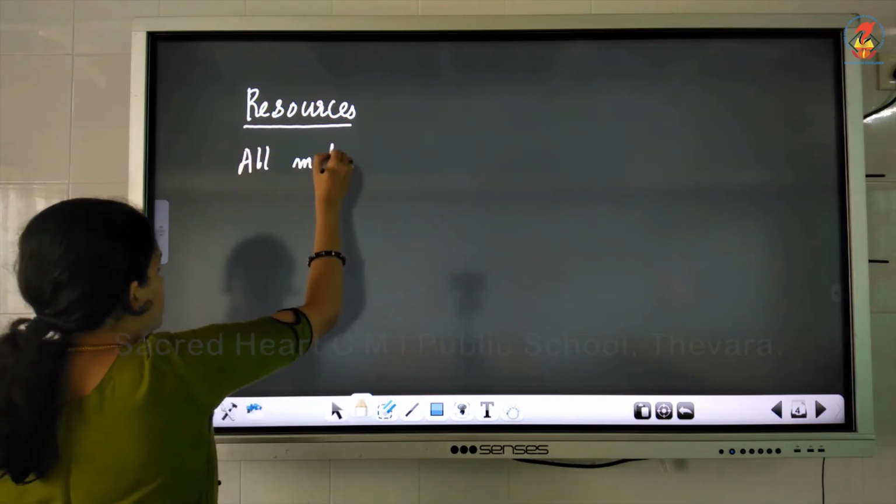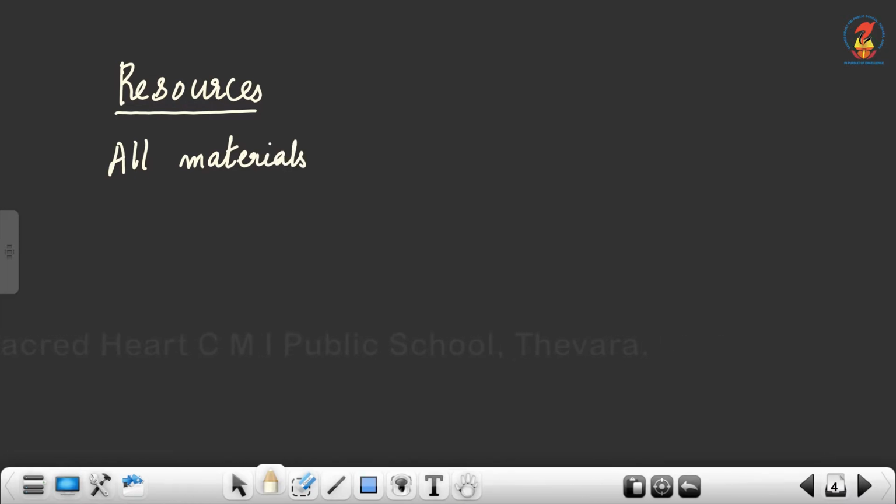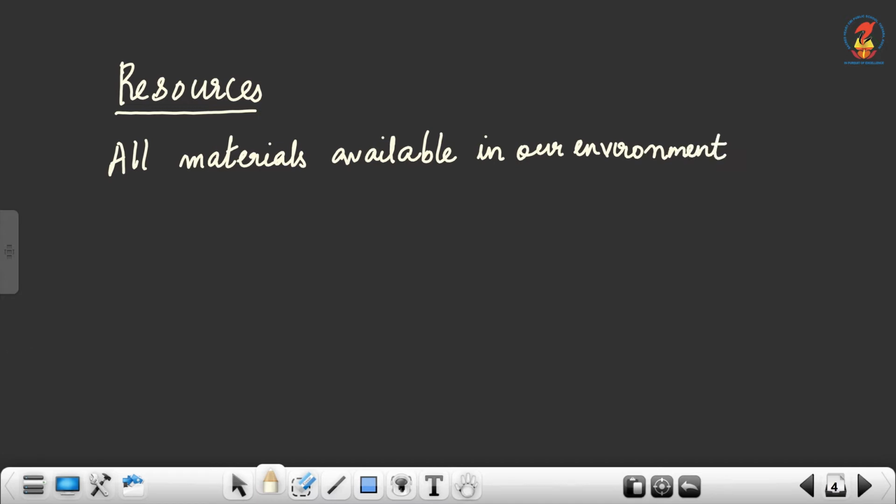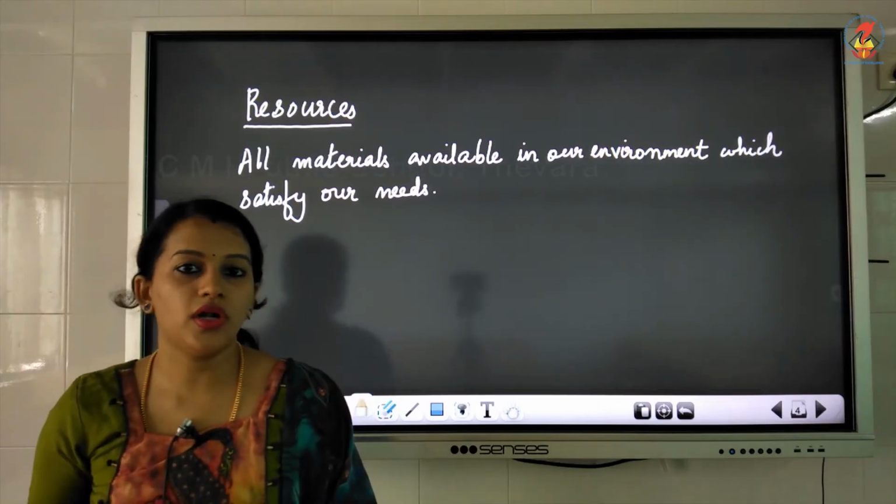All materials available in our environment which satisfy our needs are called resources.